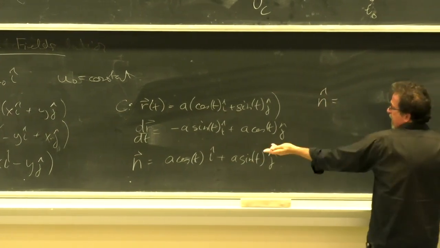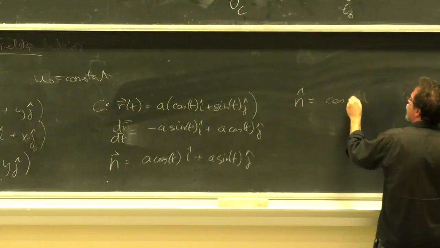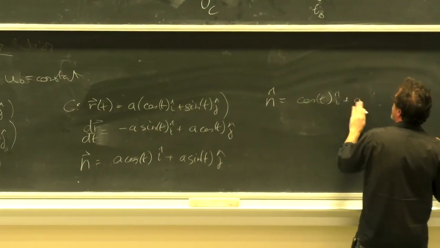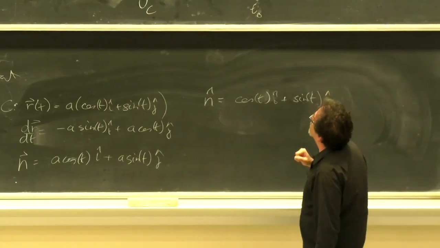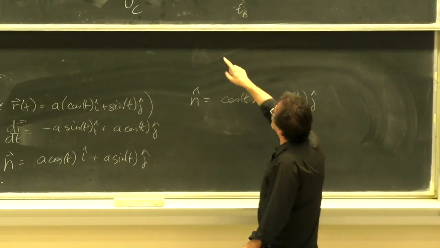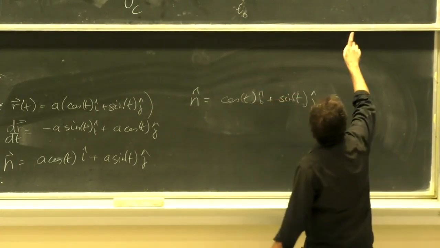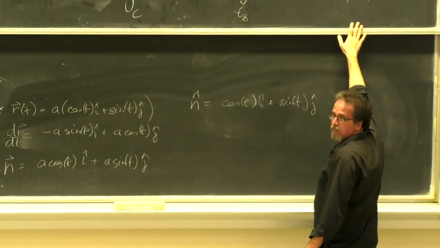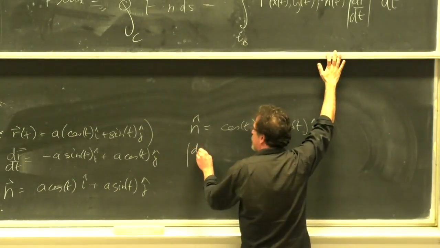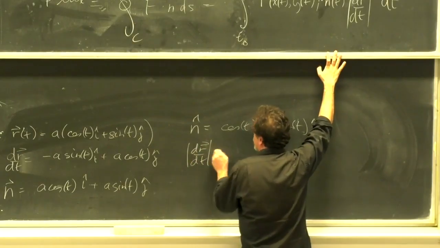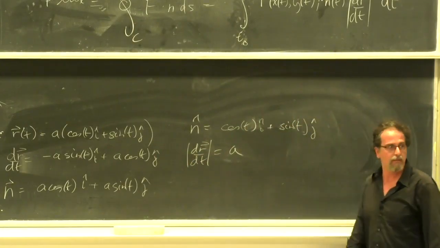The length is clearly a, so n hat is cos t i hat plus sine t j hat. So now I've computed the n hat. I'm going to need the magnitude of dr dt, and I just divided by it, so I better know what it is. It's just simply a.